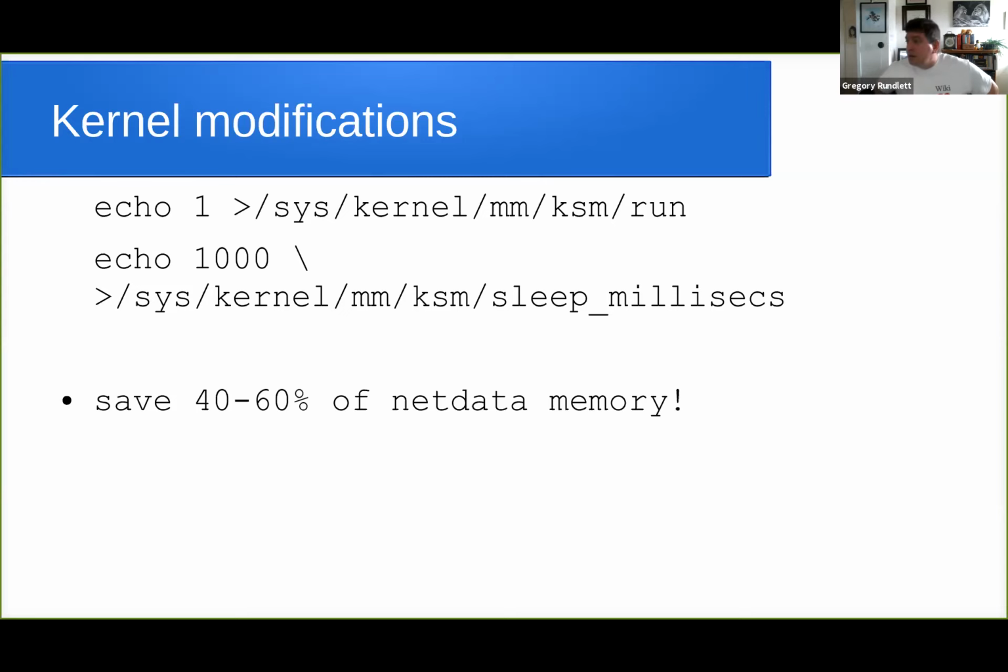And if you have KSM available, but it's not enabled, enabling it is very simple, and it can save you 40 to 60% of NetData memory consumption. So to do that, you just echo 1 to /sys/kernel/mm/ksm/run. That'll turn it on, and then the sleep milliseconds, you set that to 1,000, and that will save you 40 to 60% of NetData memory.